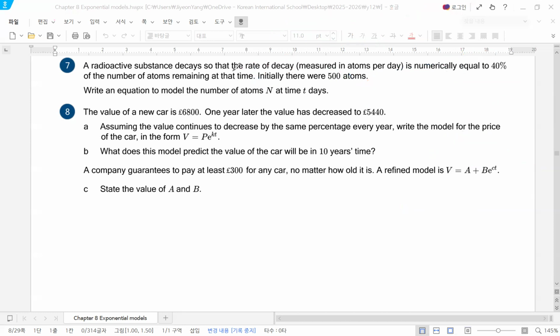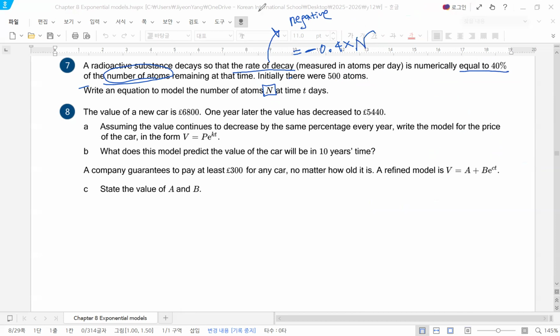Again, the rate of decay is a negative value, numerically equal to 40%, 0.4, of the number of atoms, which is denoted by n here. Do you understand?